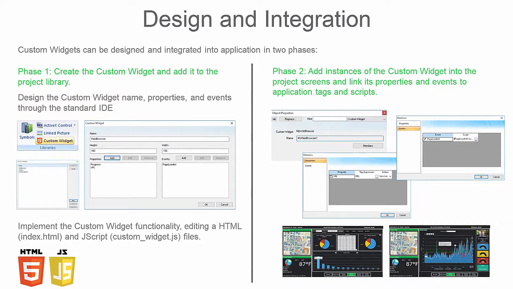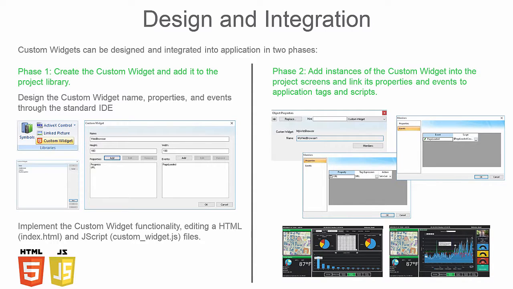The design and integration is divided in two phases that are not necessarily conducted by the same engineer. Phase one is when you create the custom widget, and it requires some programming skills. First, using the IDE, the Integrated Development Environment from InTouch Machine Edition, you create a custom widget and define the properties and the events that this custom widget will expose to your application tags and scripts.